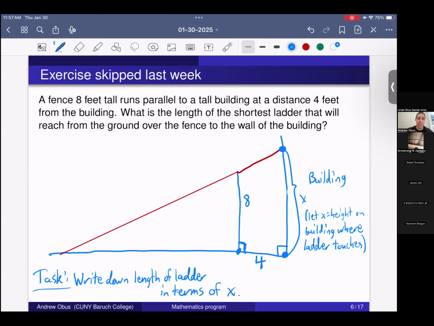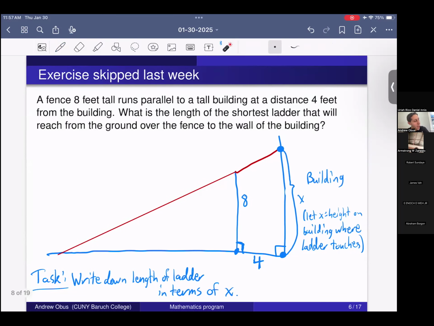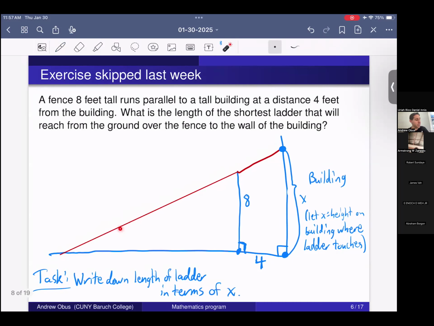We're going to be maximizing or minimizing something, but the calculus is not the hard part in this problem. The hard part is figuring out the geometry, the stuff that's closer to the curriculum, so that we can actually write down an expression for how long this hypotenuse is here.